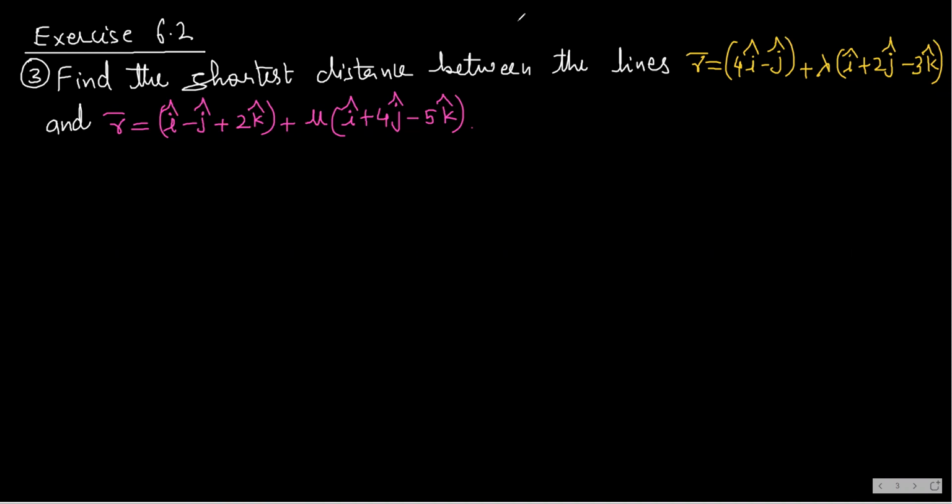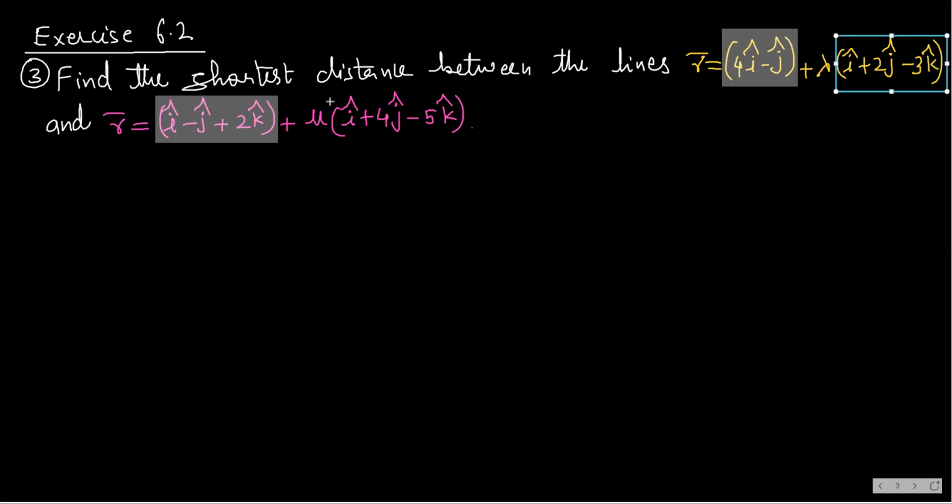Now students, you know that in these two equations, these two vectors are the position vectors of the points on the lines, and these two vectors are the vectors parallel to the lines.